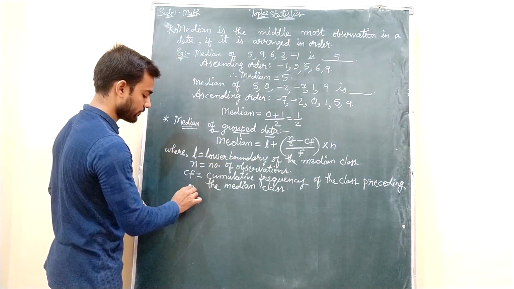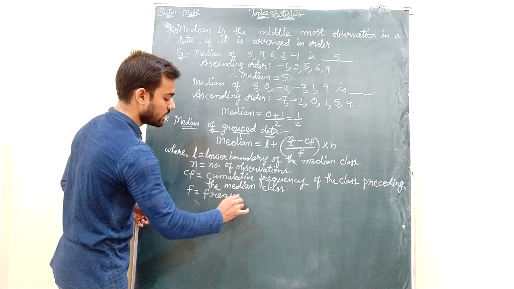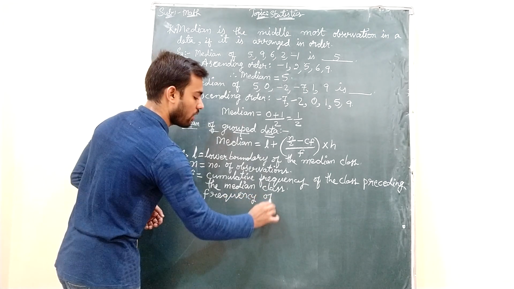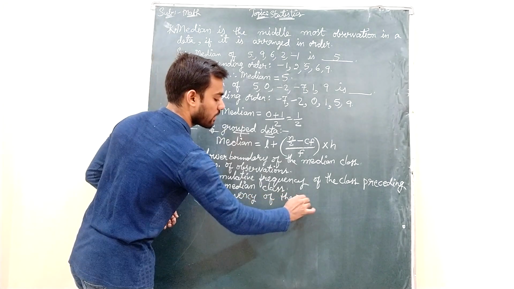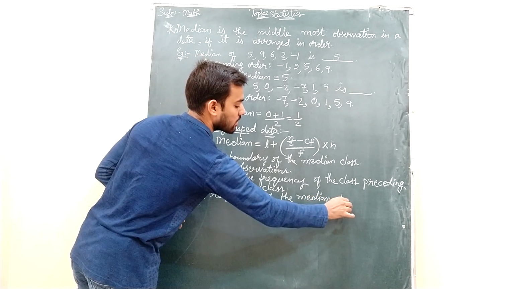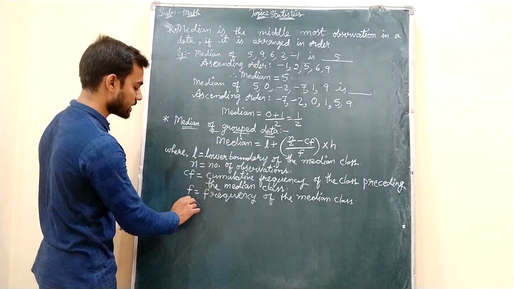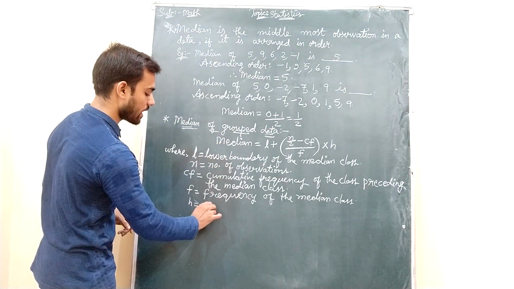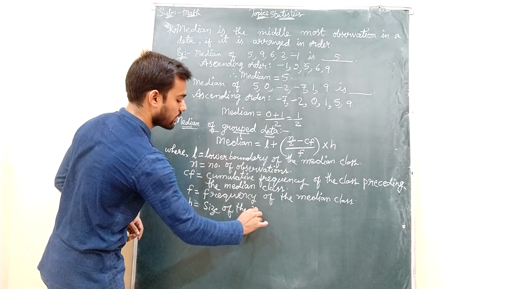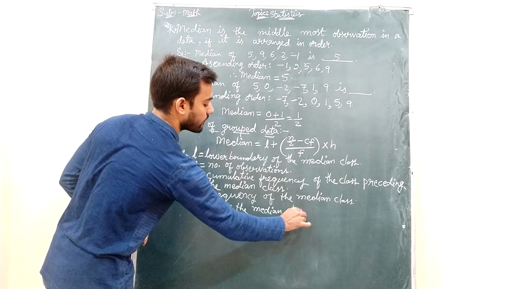And then F is very easy. Frequency of the median class. F stands for frequency of the median class, and then H at last stands for size of the median class.